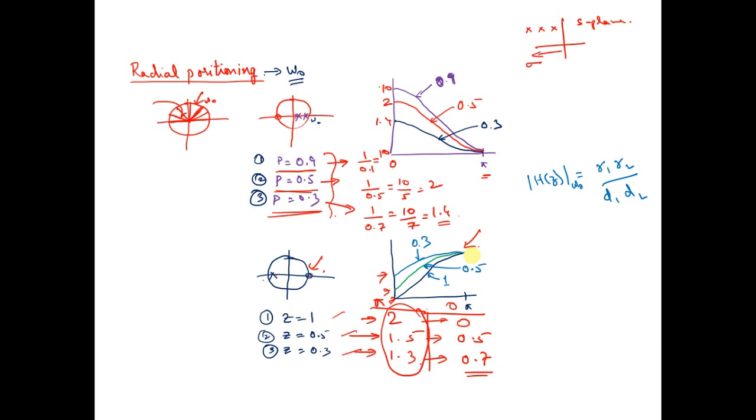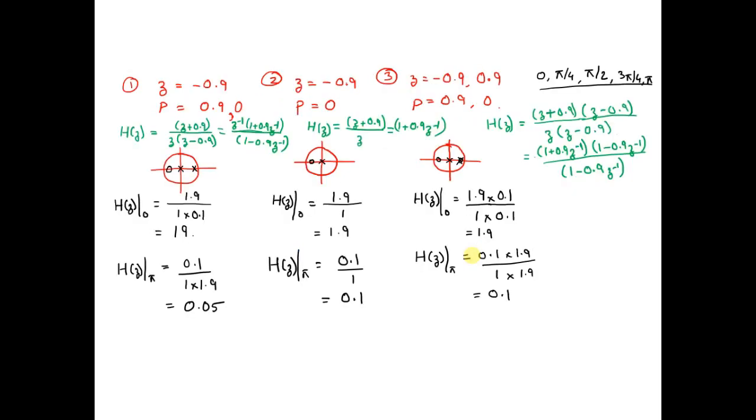So if you see, just by the placement of the poles and the zeros, we are able to manipulate the response. Now we are slowly getting into the mathematics of digital filter design. Let us take that our zero has been provided at z equals minus 0.9, and poles are present at 0.9 and 0.